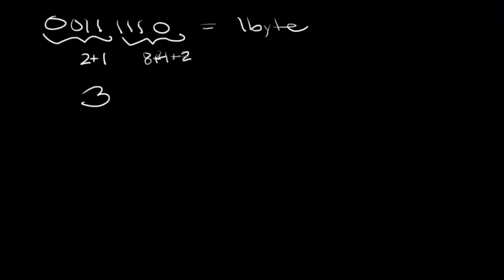Now what letter was 14? E. So then 3E would be this binary number written in hexadecimal form. So this is binary, and this is hex.